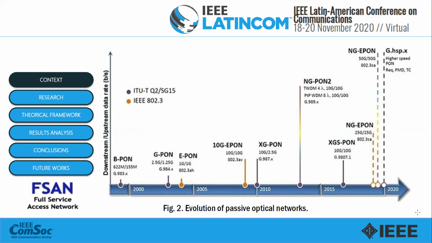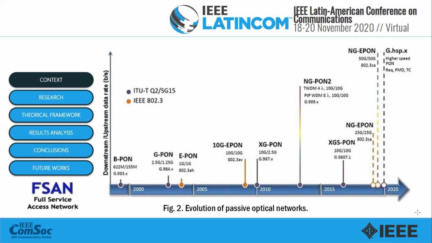We have outlined here the two standards: the one in purple is the ITU-T Q2/SG15, and the orange one is the IEEE 802.3. You can see on the y-axis the difference in the downstream and upstream data rate in bits per second for each of the standards.